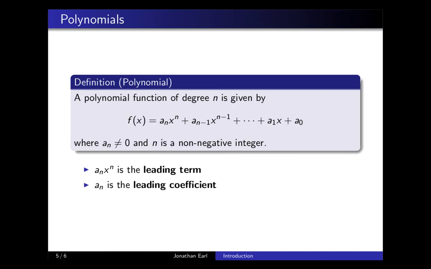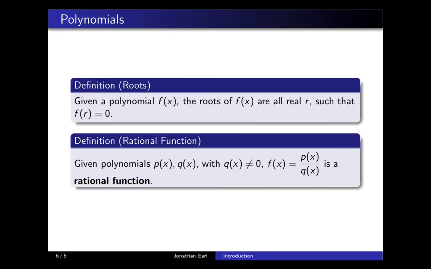We say that a_n x to the n is the leading term, and a_n is the leading coefficient. For any polynomial, if you give me some number r so that your polynomial evaluated at r is 0, we say that r is a root of the polynomial. And if you give me two polynomials, p and q, so that q is not 0, if we take the function f equal to p divided by q, we call that a rational function.